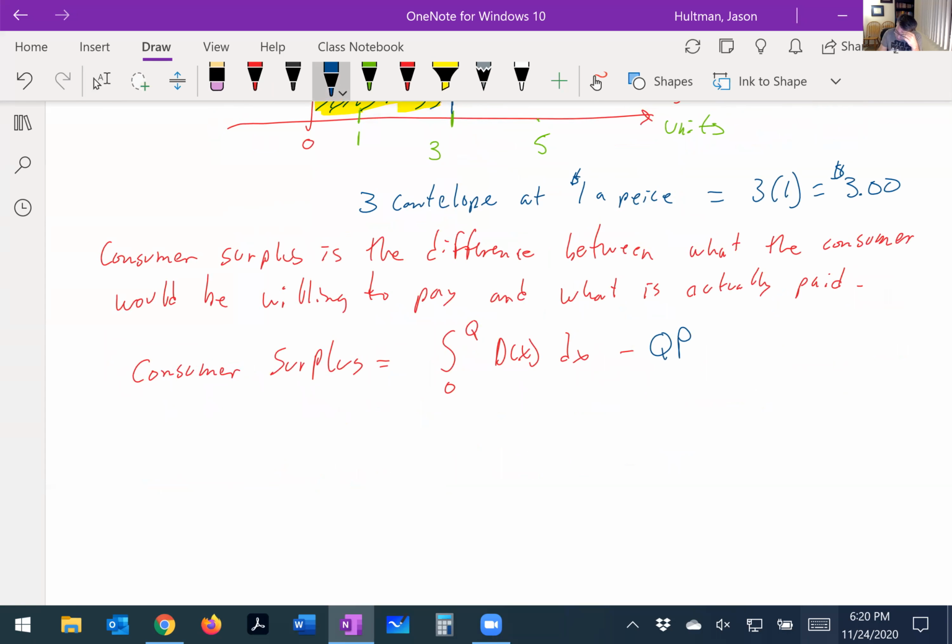So basically we're looking at the area under this curve, and then we're cutting out this rectangle, and we end up with just the top part.